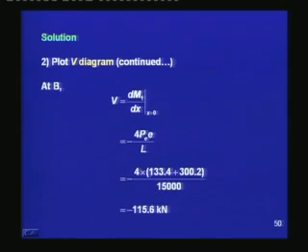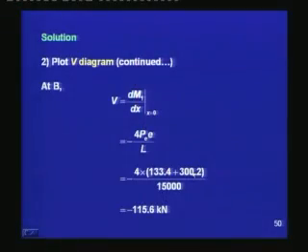At B, dM1 by dx is calculated for x equal to 0, which is equal to 4 PE times E divided by L, and PE times E is the total shift in the M1 diagram between the support and the span, which is given as 133.4 plus 300.2 divided by the length, which is 15,000 millimeters, gives us a shear of minus 115.6 kilonewtons.